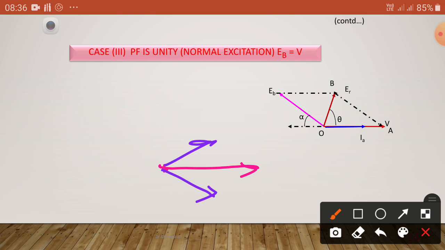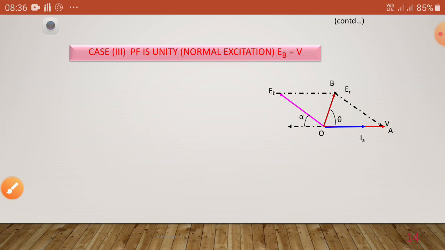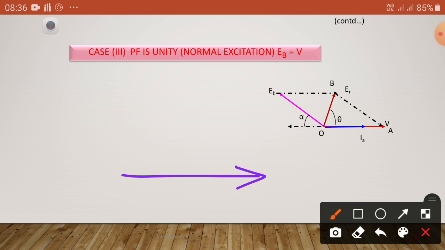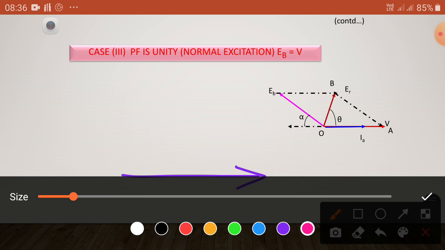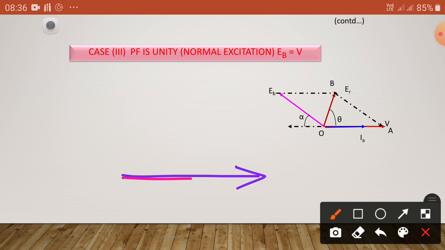Now the normal direction is this one. Only the current angle changes, and then the remaining things change automatically. So now we are going to draw: this is the voltage, and this is the current, with voltage and current at UPF.